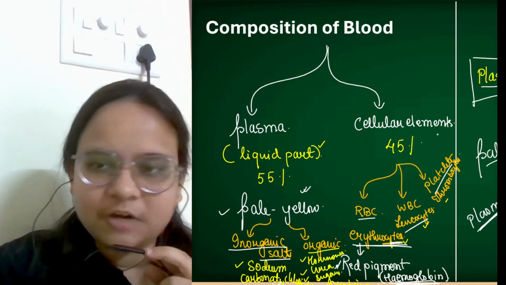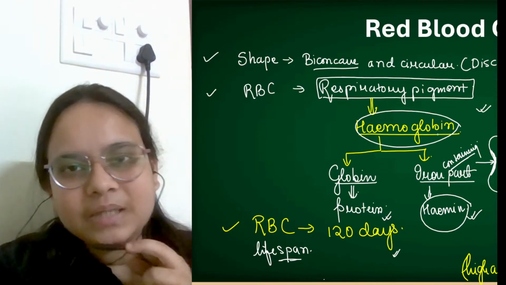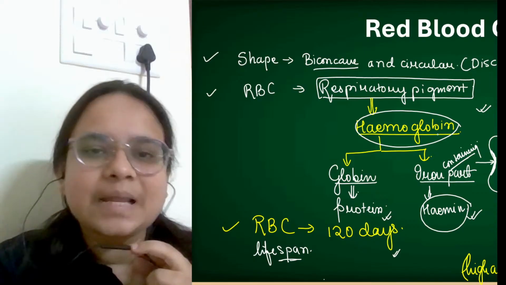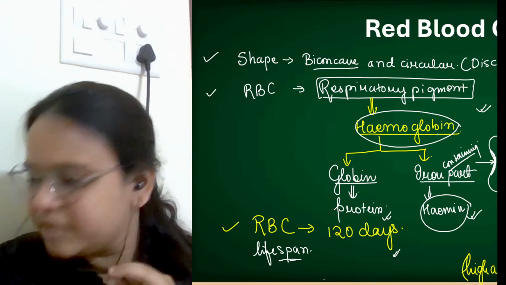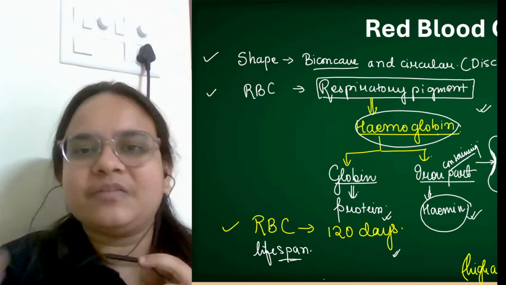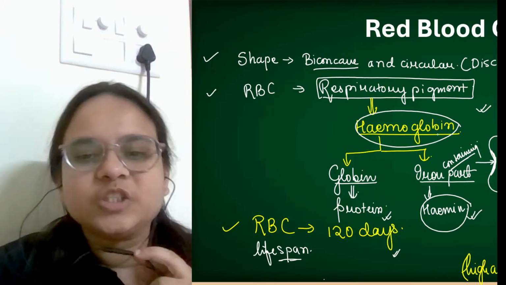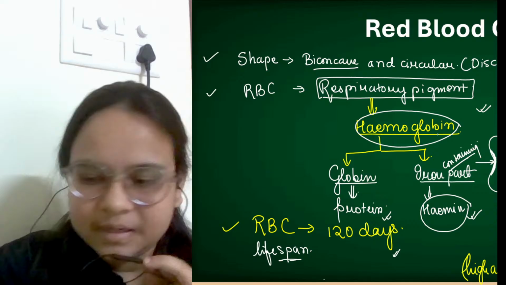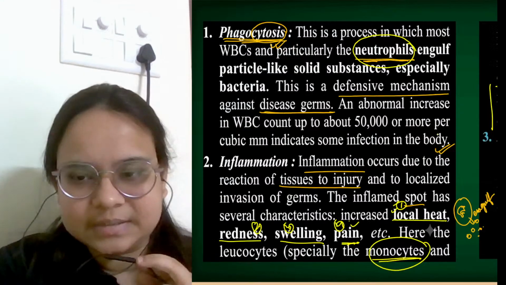Then the composition of blood, what is serum, what is fibrinogen, and how the platelets help in clotting of blood. Everything we discussed in the previous two classes. Then the respiratory pigment inside our blood is hemoglobin, which is made up of two parts, globin and the iron part, that is hemin. So everything was done in the previous two classes.